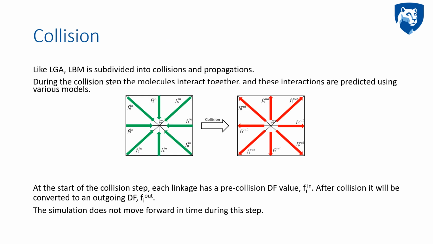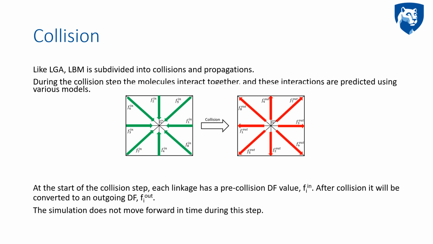Like lattice gas automata, the lattice Boltzmann method is divided into two substeps, collision and propagation. During the collision substep, the molecules interact together, but they do not move towards the neighboring sites just yet. These interactions are predicted by some models, one of which I will discuss later on in this presentation.